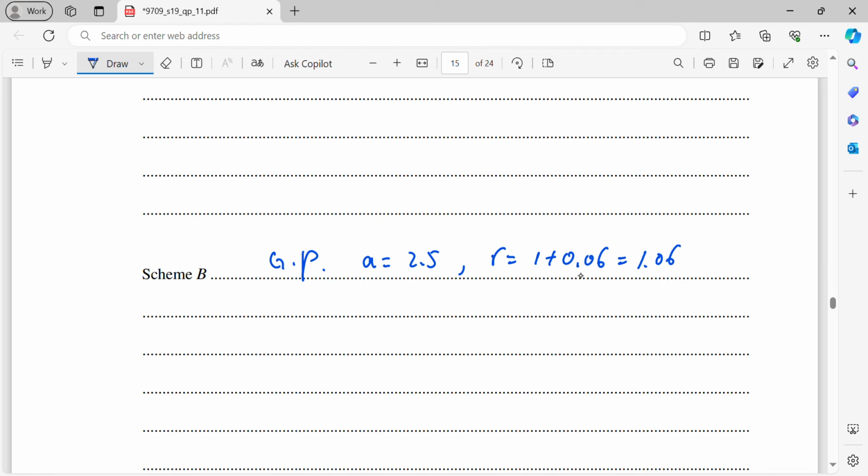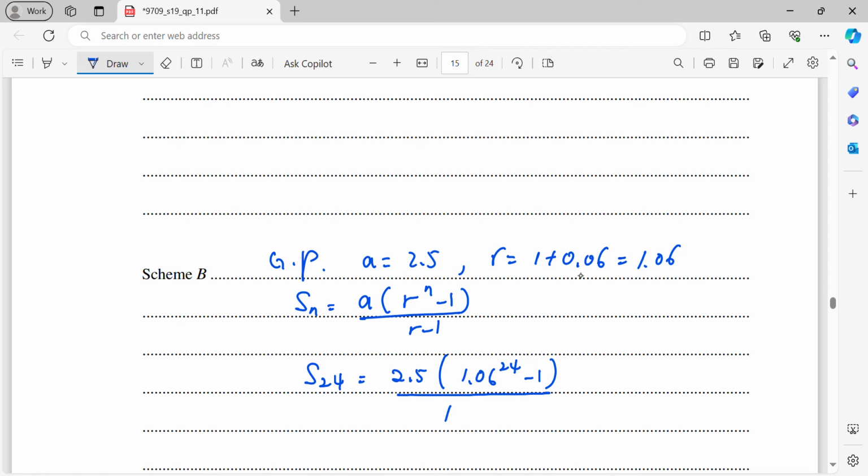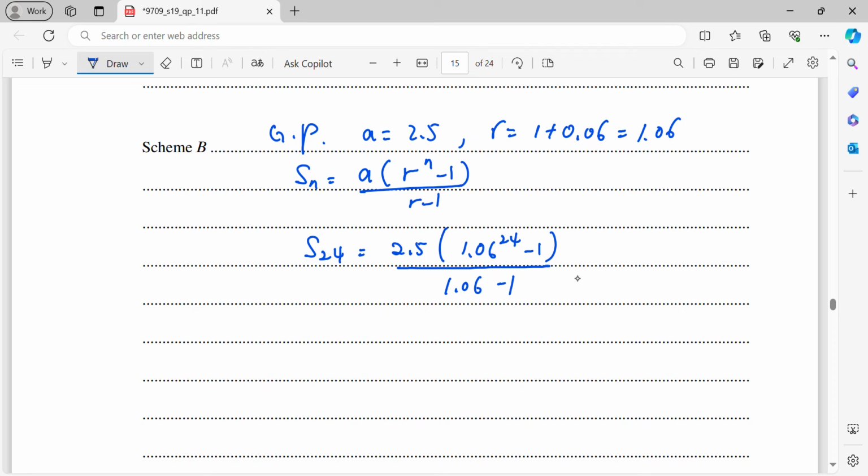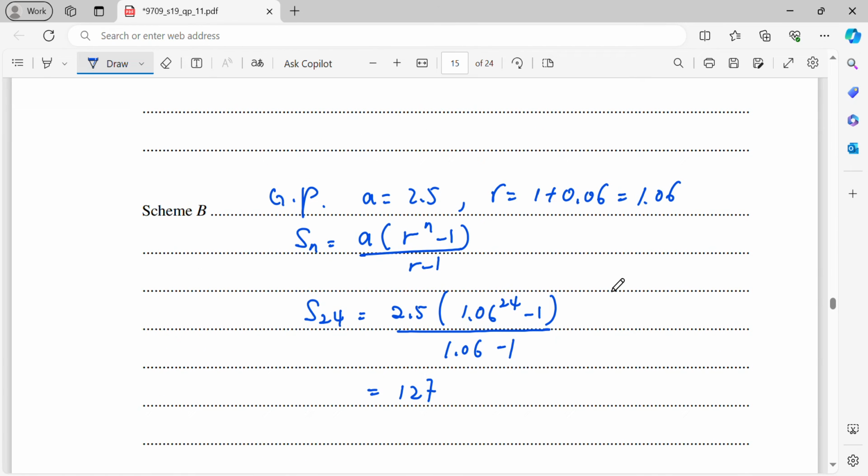Okay, so again, to get the Sn, since your R is greater than 1, the formula is A times R to the power n minus 1 over R minus 1. And now to count S24, just replace: 2.5 times 1.06 to the power 24 minus 1 over 1.06 minus 1. Okay, so when you calculate this, it will be 127. So that's the S24 for scheme B.